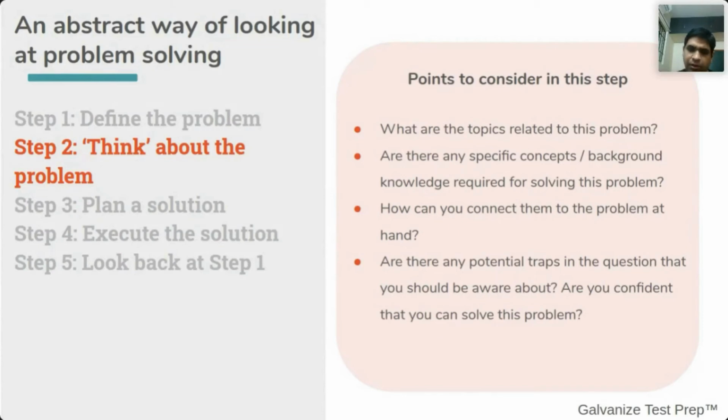Okay, and this could also be the point where you check, hey, you know what? This problem seems to be related to concepts that I have not yet encountered, right? So you may feel that you're not confident of solving this problem, in which case you're probably better off moving on to the next question, right? So the reason why I suggest this is because on a test like the SAT, there is no penalty for incorrect answers, right?